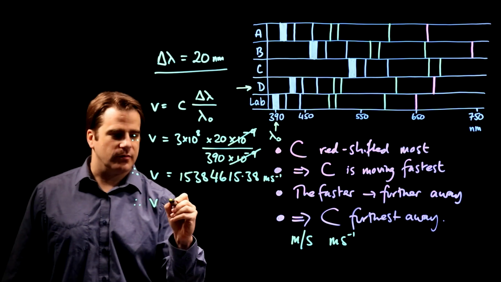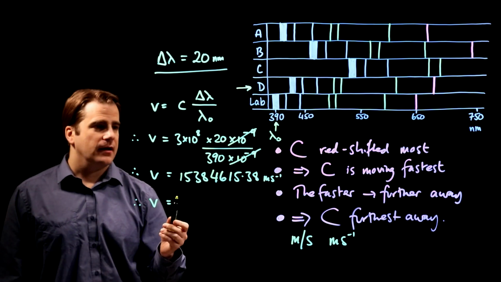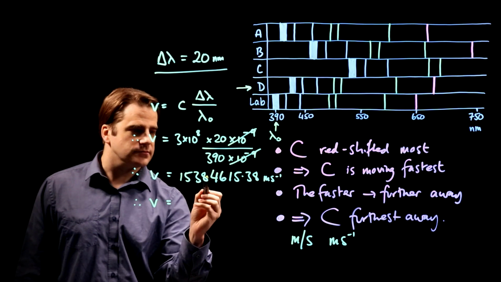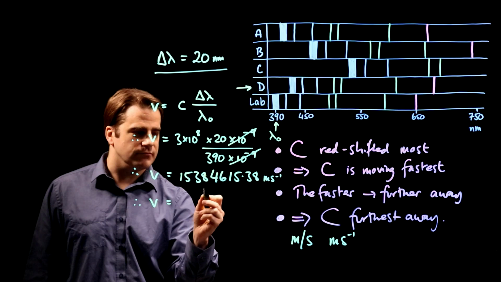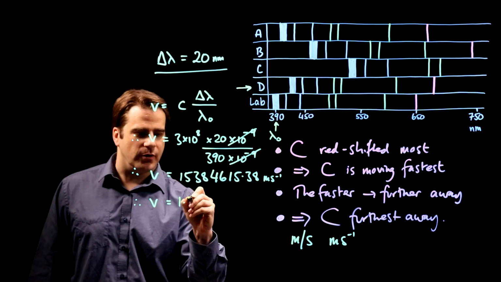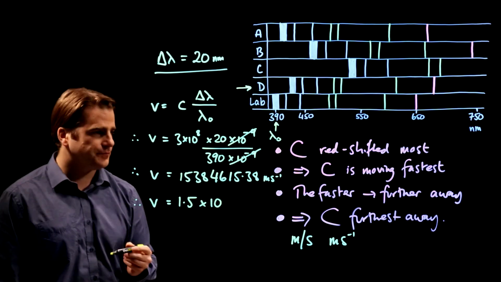I wouldn't leave it like that. I think a nice way to present the answer would be, let's see how many decimal places this has been moved. So let's say 1.5 times 10 to the something.